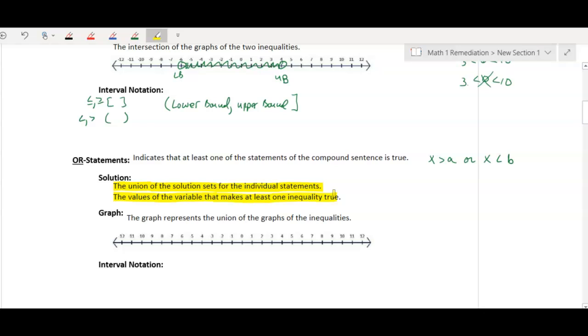So there's no requirement to make both of these inequalities true when you have an or statement. Our goal is we consider it a solution if it makes one of the inequalities true.